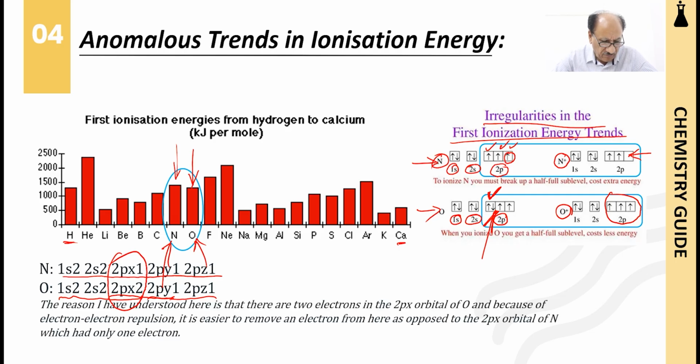The reason I have understood here is that there are two electrons in the 2px orbital of oxygen, and because of electron repulsion, it is easier to remove the electron from here as opposed to the 2px orbital of nitrogen, which had only one electron.